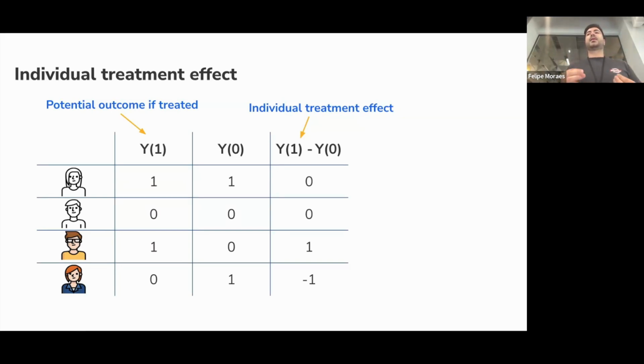In the case of the first user, if I give them the first version of a website, I'm going to observe some conversion or some response. And if I don't treat them, I'm also going to observe it.